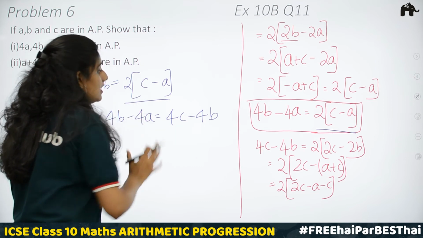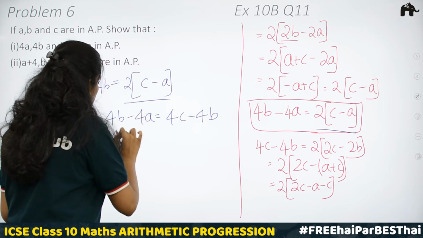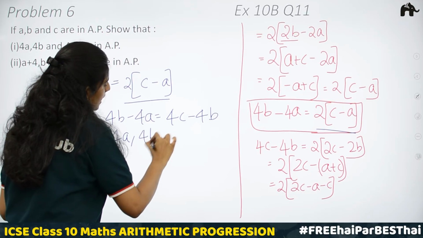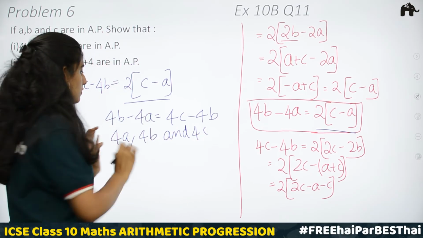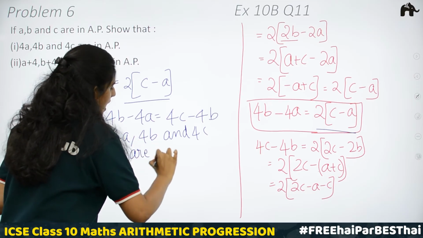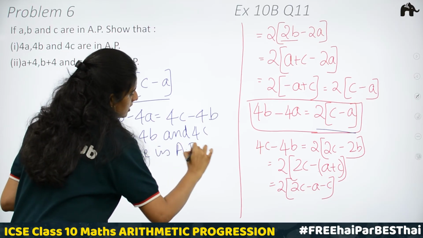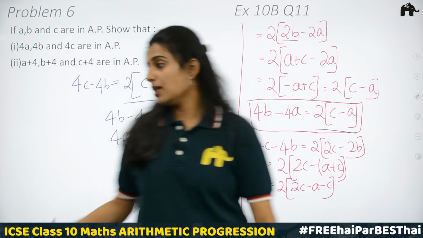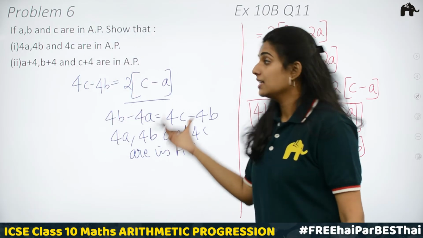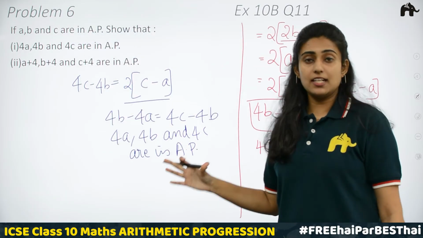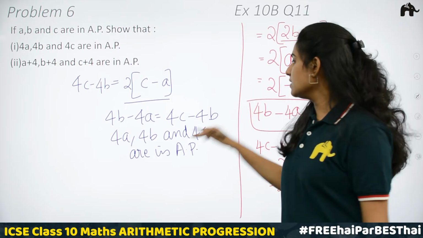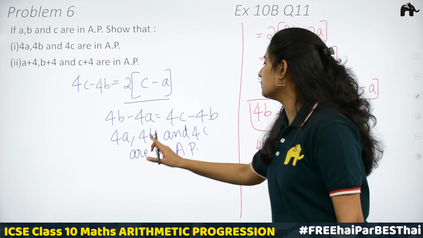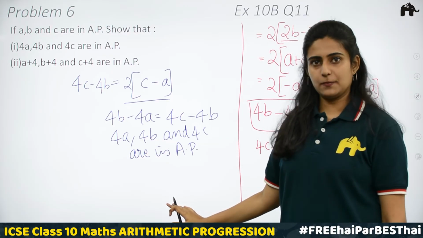Common difference is there, therefore the terms 4A, 4B and 4C should be in AP. Therefore they are in arithmetic progression. Understood? We are proving that the difference between the first term and second term is equal to the difference between second term and third term, from which we can conclude that 4A, 4B and 4C are in AP. Got it?